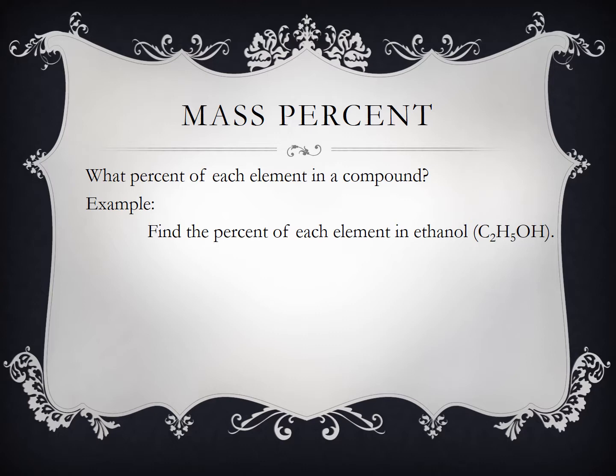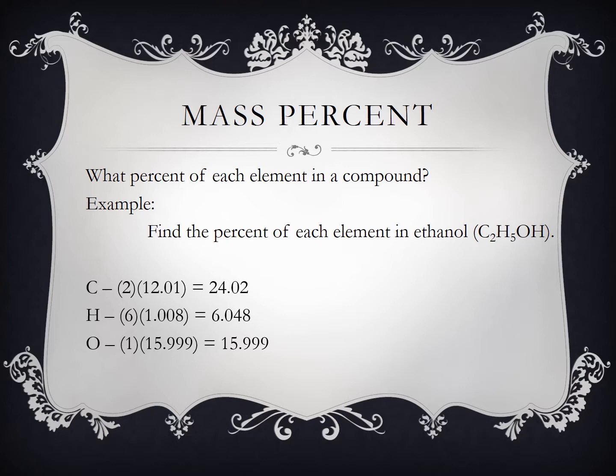Alright, mass percent, pretty easy. It's just how much of an element is in the compound total in percent form. So you gotta make sure you multiply by 100. In ethanol, you have C2H5OH. There's 2 carbons, so a total of 24 grams. There's 6 hydrogens, so about 6 grams. And there's only 1 oxygen, about 16 grams.